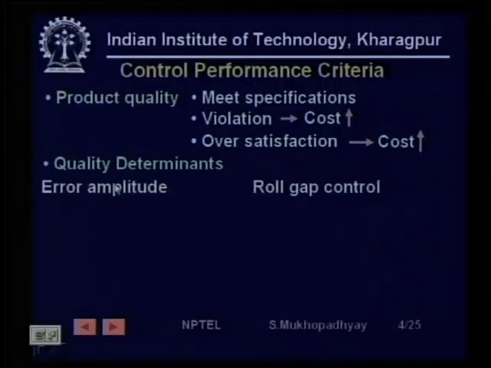So, we are looking at the quality determinants. For example, let us look at a rolling process.